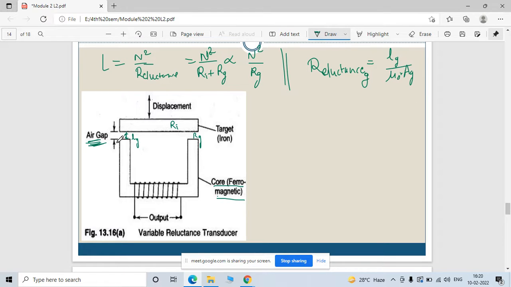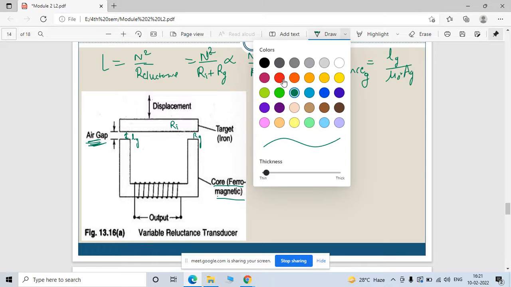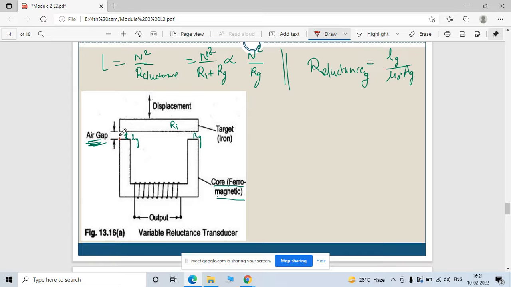What is the area of flux passing through the air gap? It is this portion, because the flux flows only through this portion.